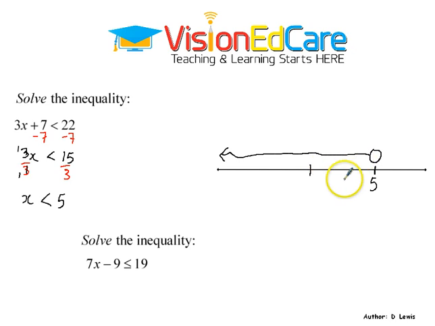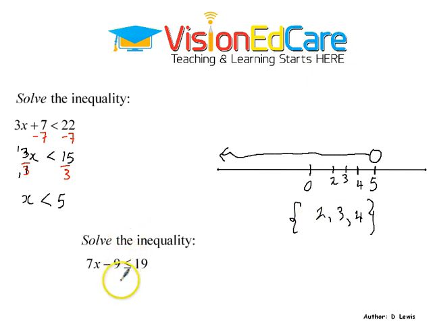So if we want 3 integer solutions of this, that would be 4, 3, 2. So 3 integer solutions would be 2, 3, and 4.